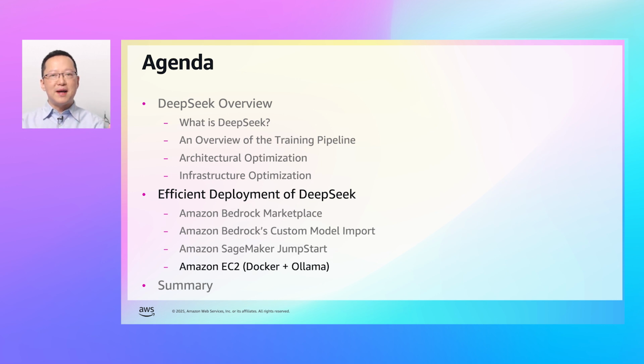Among the several methods for deploying DeepSeek models on EC2, two notable options are Docker with Ollama and Docker with vLLM. Due to time constraints, this guide will focus on the Docker with Ollama method. The principles covered here can serve as a reference for understanding other EC2 deployment approaches.